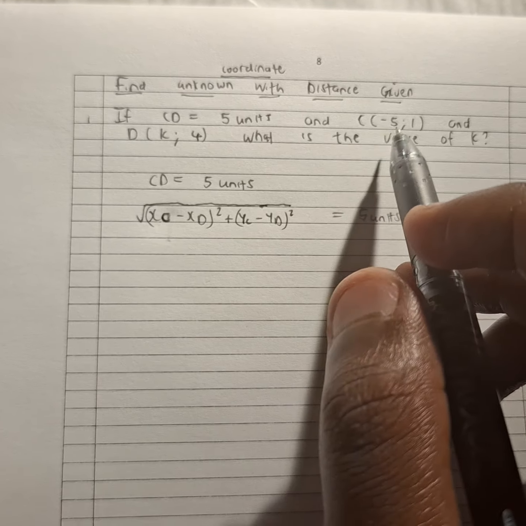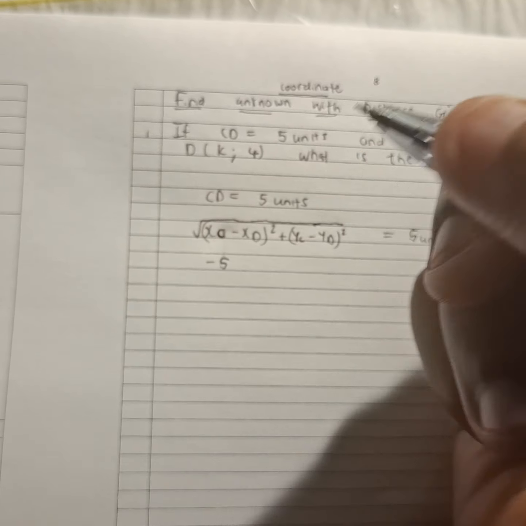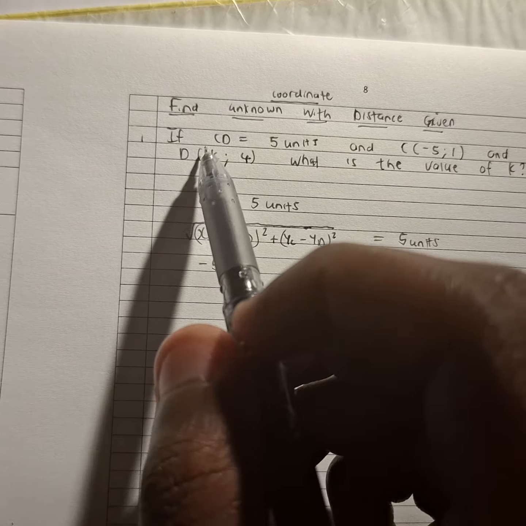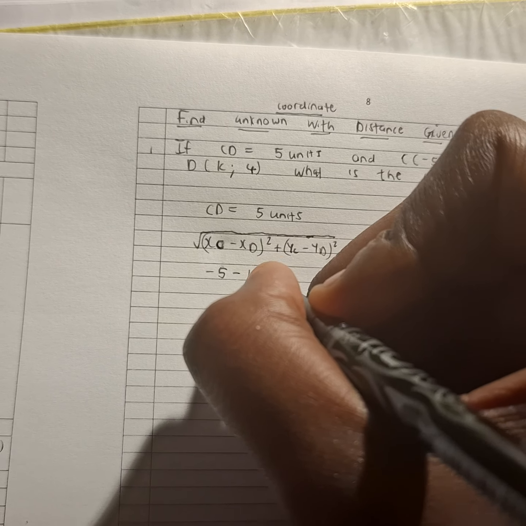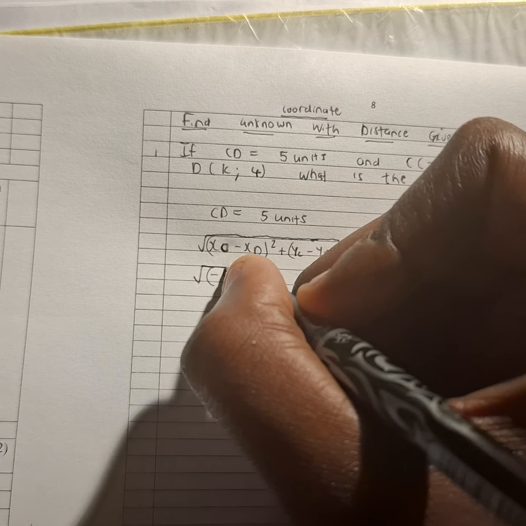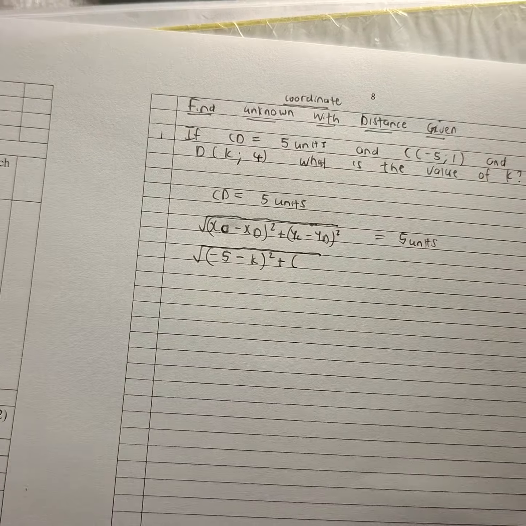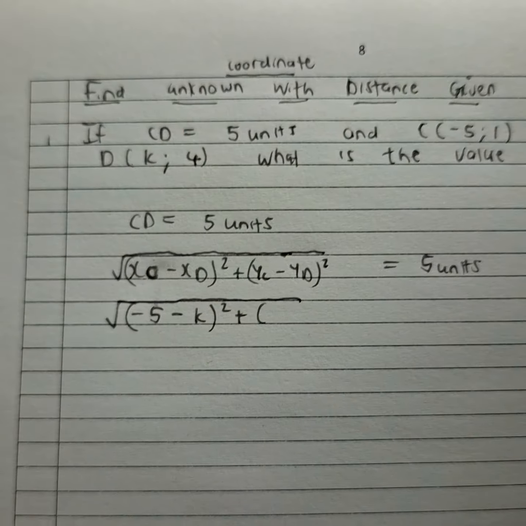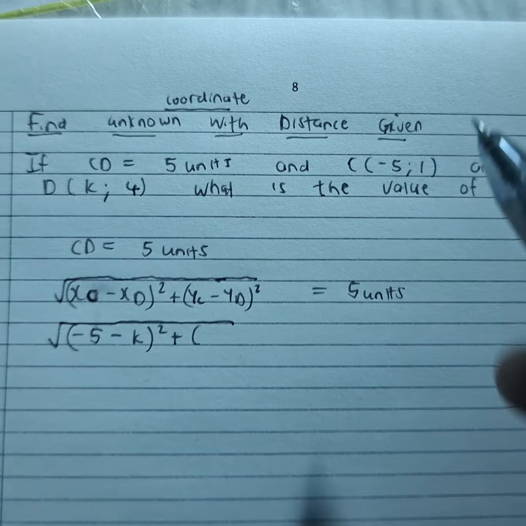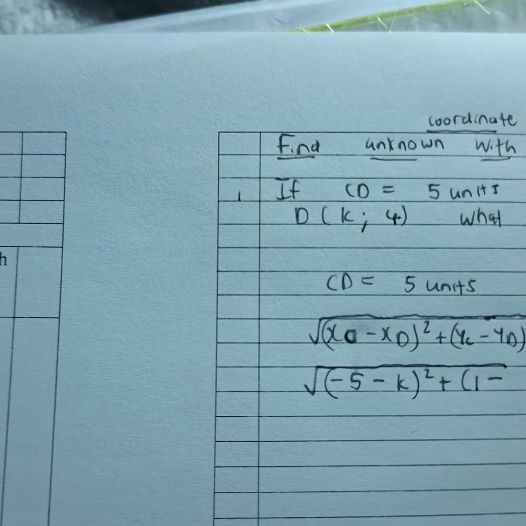Now, what is the x coordinate of C? The x coordinate of C is negative 5, minus what's the x coordinate of D? That is the k value that we are looking for. Plus, what's the y coordinate of C? The y coordinate of C is 1, minus what's the y coordinate of D?